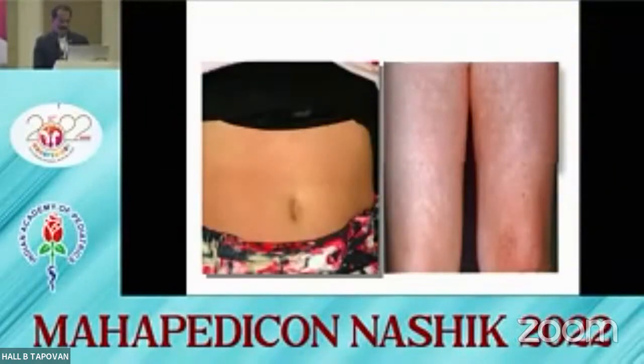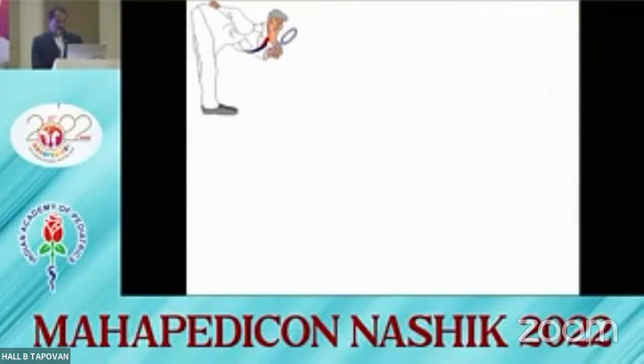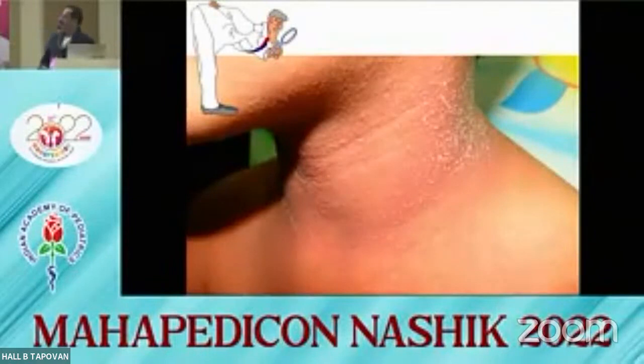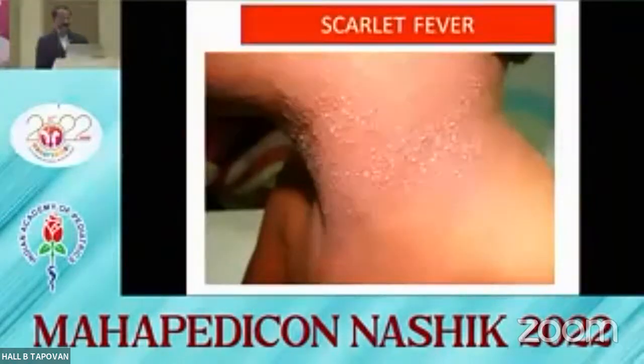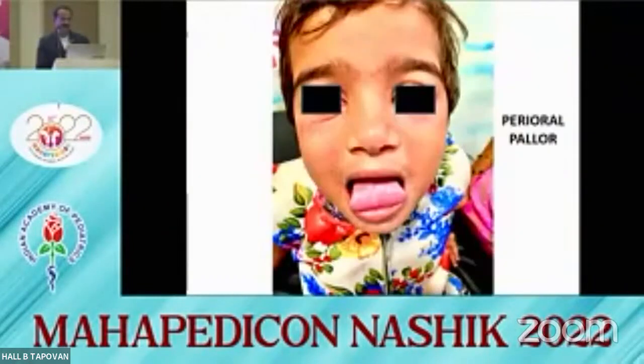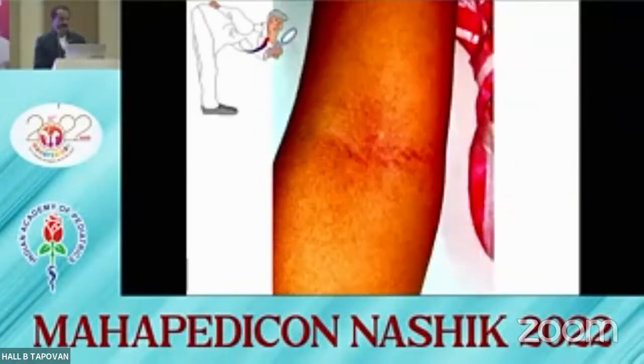So this child had a rash. What is this called? Can you see here? What does it look like? Yes, sandpaper. This is typical of scarlet fever. So sandpaper rash, perioral pallor, is another clinical clue. And what is this?